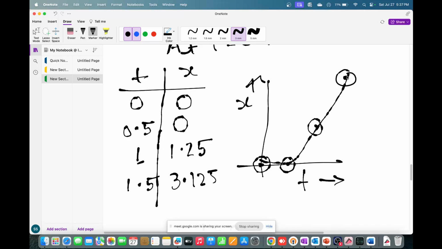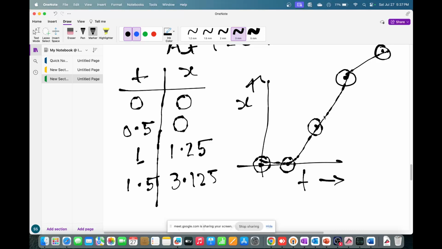Now, the more values you calculate, say for example, what will be the value of x at t equal to 2? It will be somewhere here, maybe x will be here. I'm just assuming here. So at different values of t, you can get the different values of x, and then you can plot it to get an idea about how the function looks.